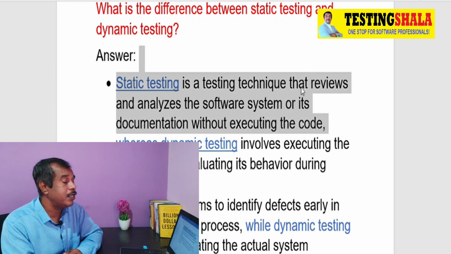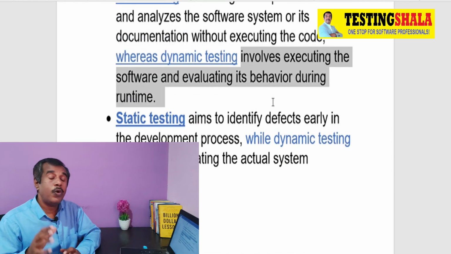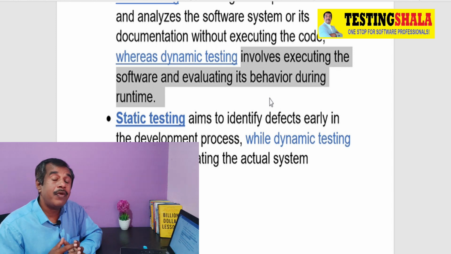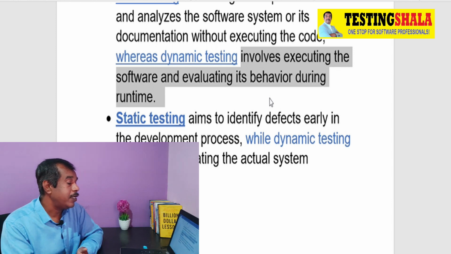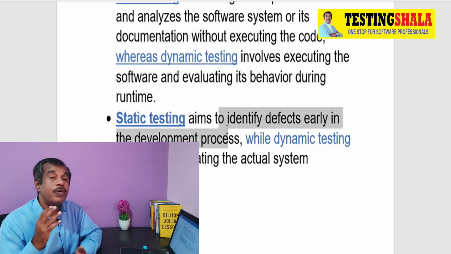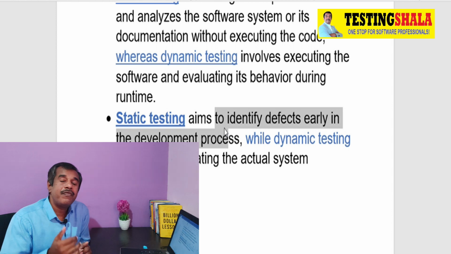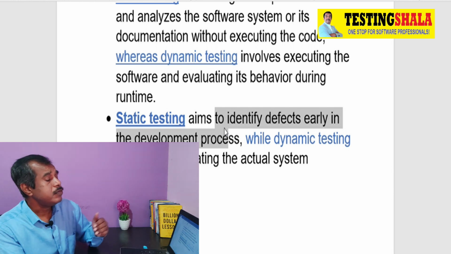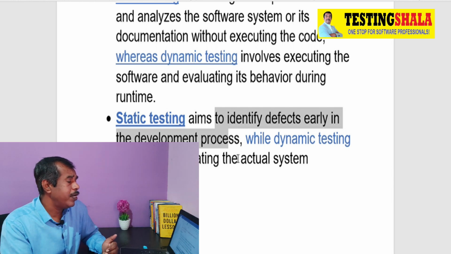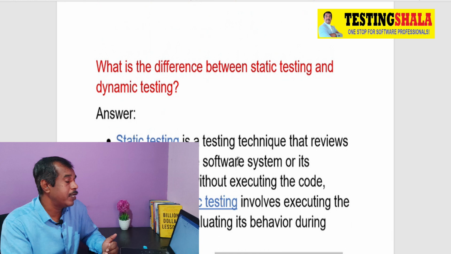But in dynamic testing, we execute the code and evaluate the behavior of the application while executing the test cases. More importantly, in static testing we find defects without executing, but in dynamic testing we validate the defects only post execution. That is what we do as part of static versus dynamic testing.